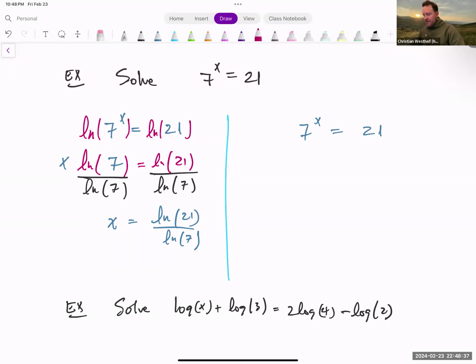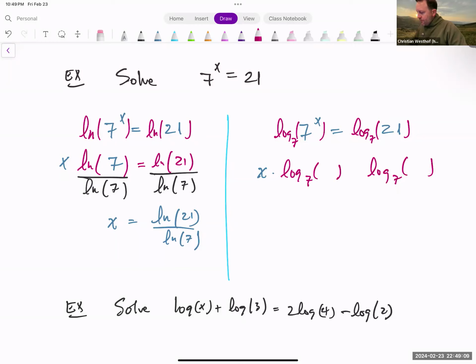Now, since the base is 7, let's use log base 7. So log base 7 of 7^x, and let's take log base 7 of the right side. Then on the left side, the x still comes out front. You'd have x times log base 7 of 7 equals log base 7 of 21.